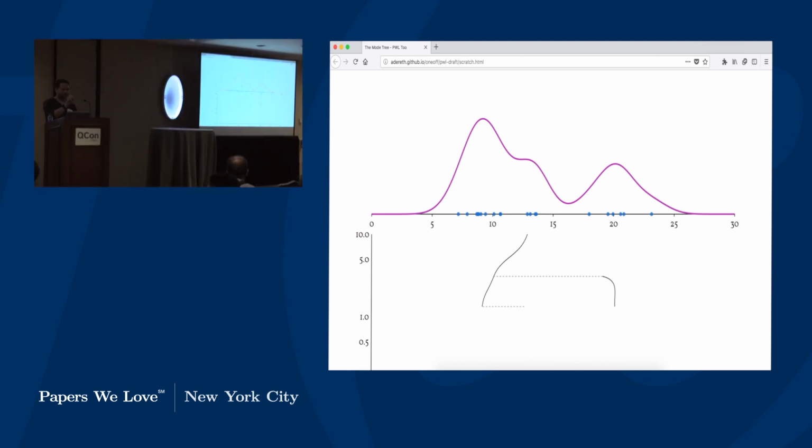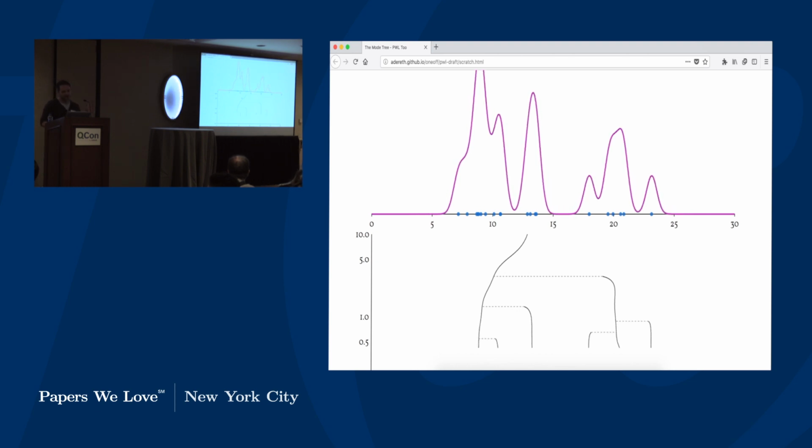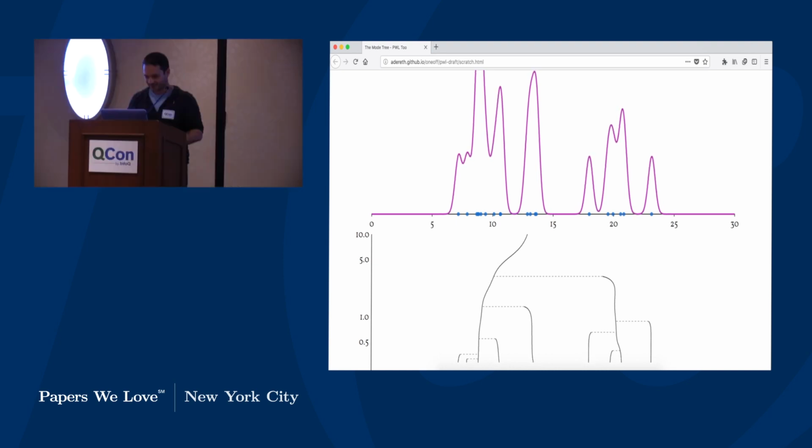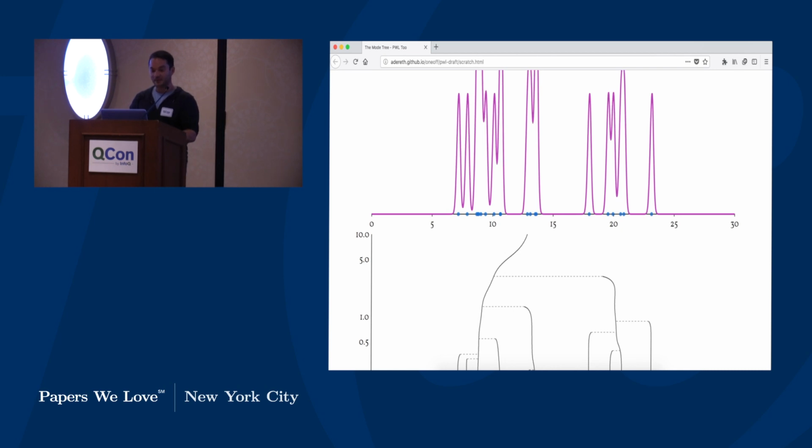I'm sorry, I'm using my hands on my screen, like you can see. So we think of that mode as having forked here. And then we just keep going, until we have a mode at every single point, or until we get bored. All right, so then we end up with this, and this is a mode tree.